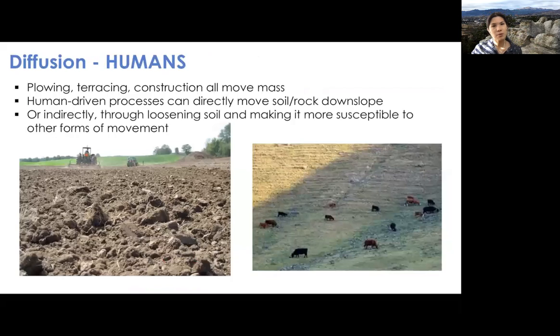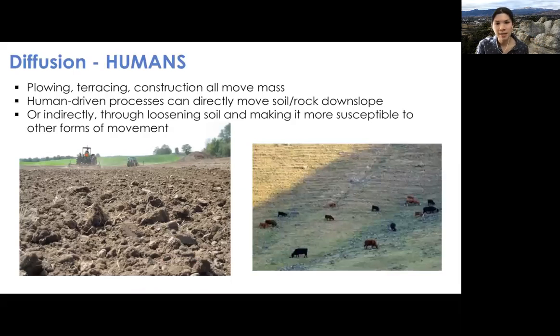All right, the last diffusion process that we want to mention, because it's going to be fairly important as we think about hazards and risk in areas that we live, is humans. Through human processes, whether it's walking on a trail and dislodging some particles, or walking between switchbacks on a trail, or plowing, terracing, and larger scale construction, these are all moving soil mass and moving particles on the hill slope.